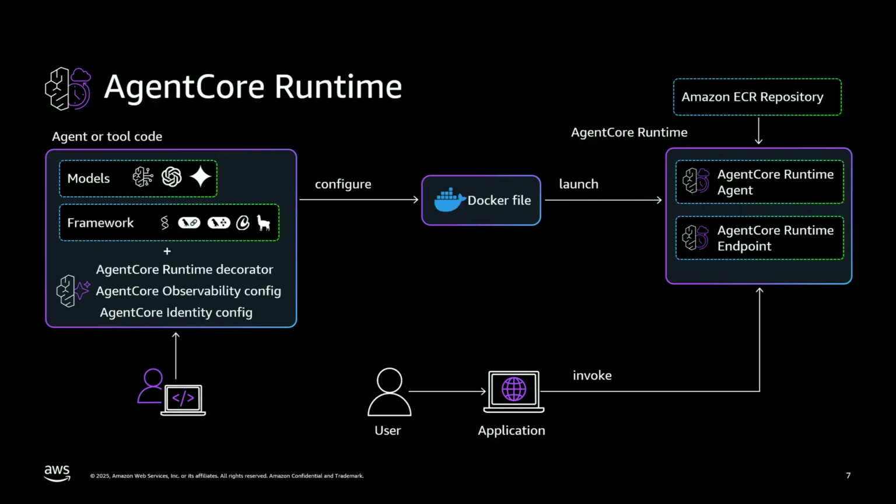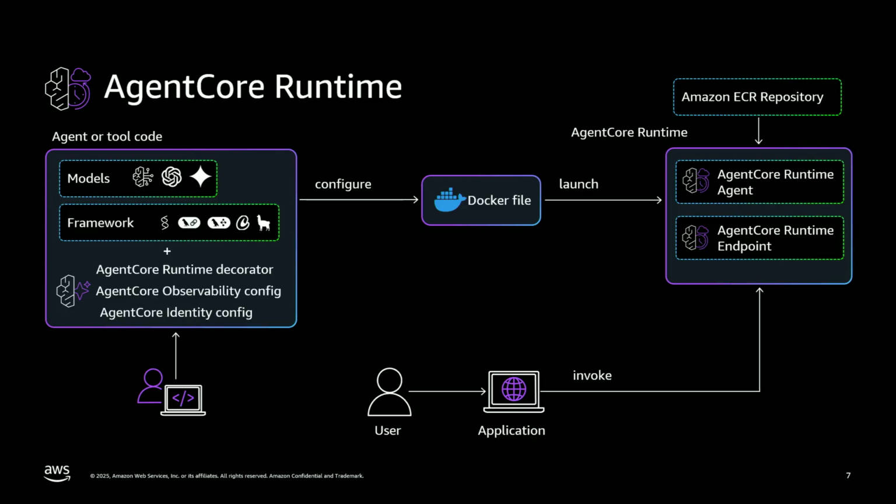Perfect. So we talked about Agent Core. This is the core of our demo. We're going to show you how to deploy an agent that's running on your local machine to the Agent Core runtime. So what is Agent Core runtime, really? It's a platform that gives you the flexibility to deploy your own code and SDK, so you are not locked to any specific language or model.